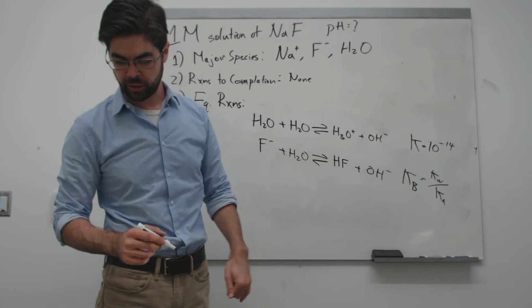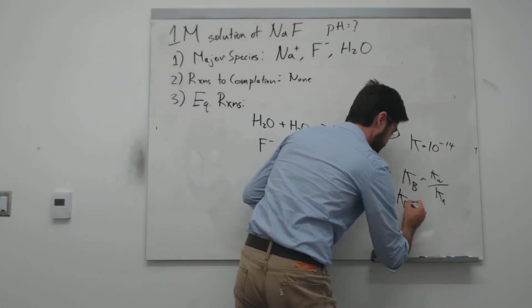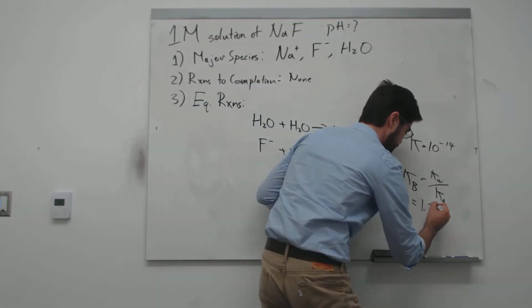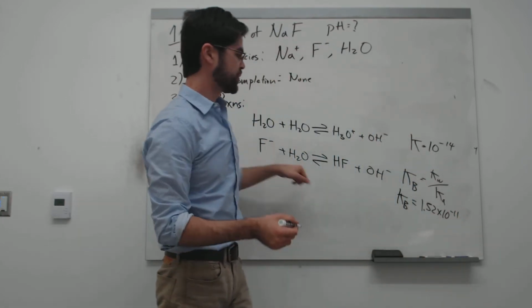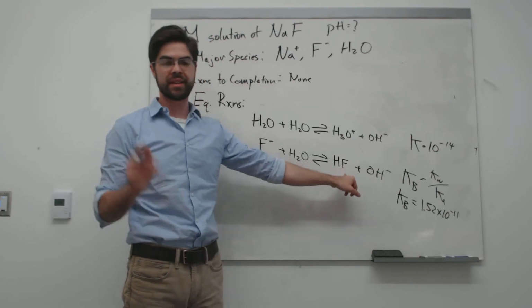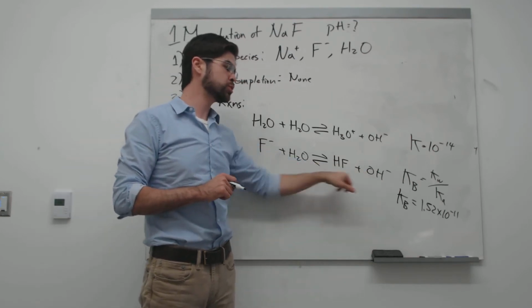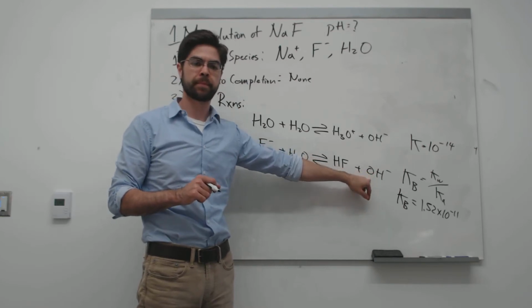That value ends up being about 1.52 times 10 to the negative 11. So between this reaction and the autoionization reaction, this is the dominant equilibrium reaction. It goes most forward, and it will set the hydroxide concentration.